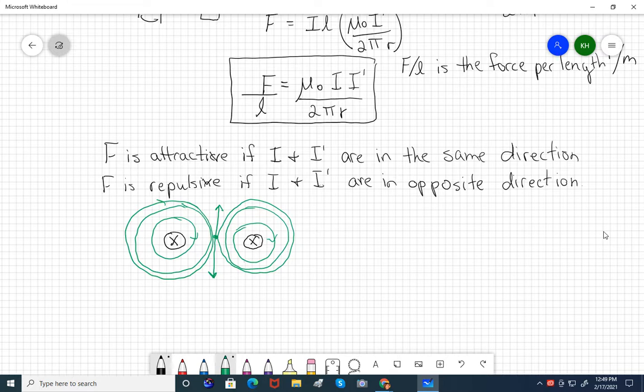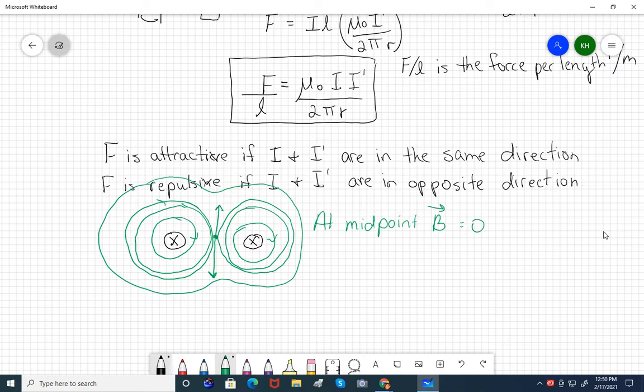So, if they're in the same direction, you can see that at the midpoint, that magnetic field is actually equal to 0. Notice when they point in the same direction, these lines will actually eventually join and you'll get magnetic field lines that look like this as they go around.